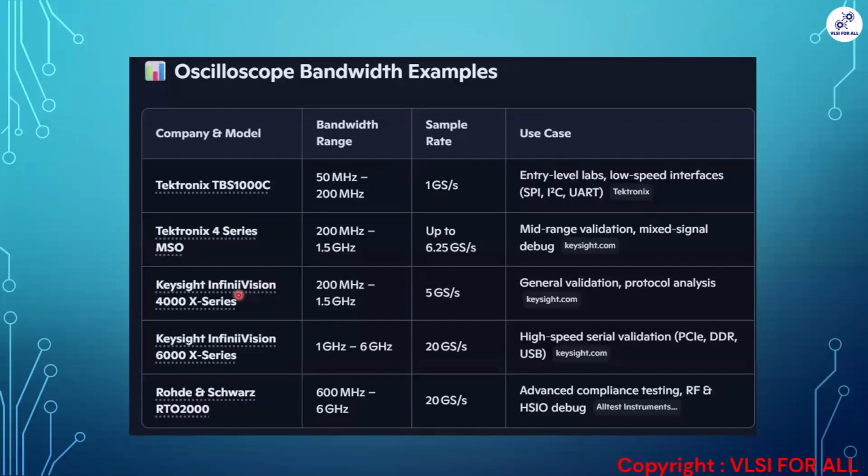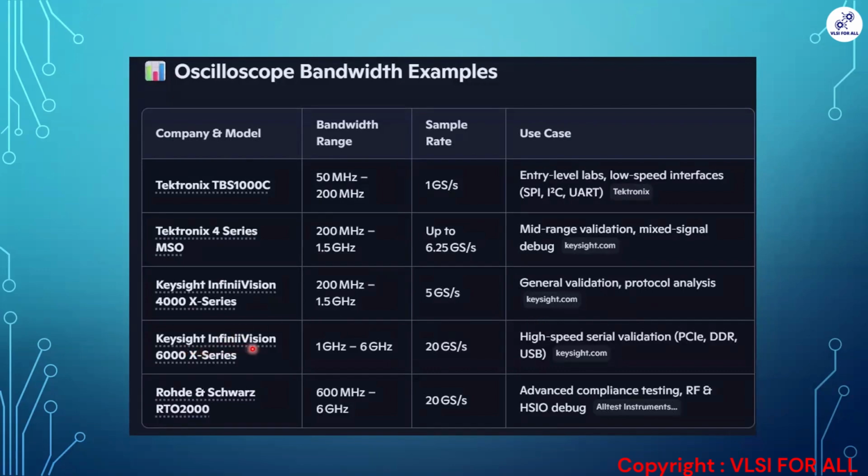And Keysight Infiniium will have 200 megahertz to 1.5 gigahertz, and its sampling rate is 5 giga samples per second. It is for general validation and protocol analysis.